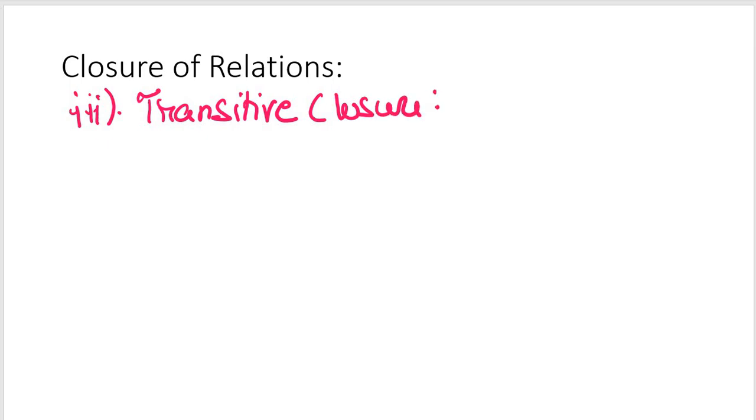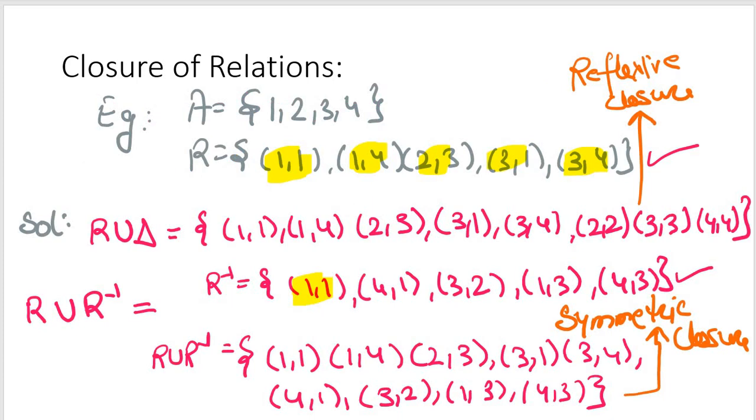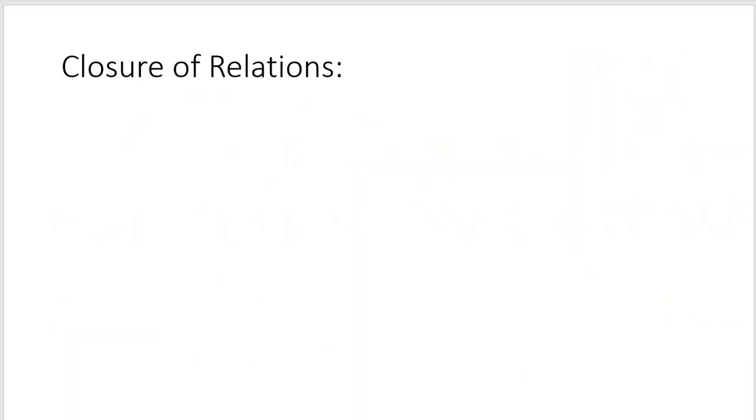So here, let R be a relation on set A. Your transitive closure R star is defined as the union of n equals 1 to infinity R to the power n, where R star is nothing but the transitive closure of R. So after your reflexive and symmetric closures, let's move to your transitive closure.